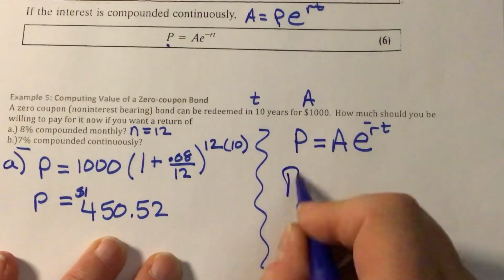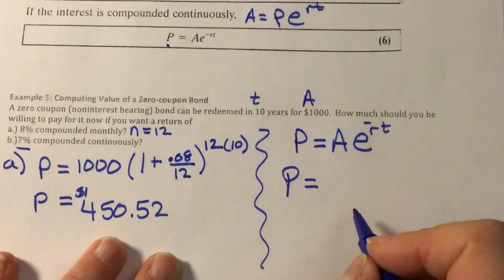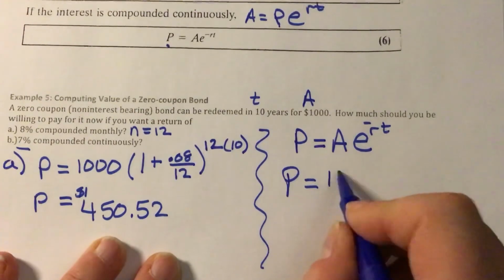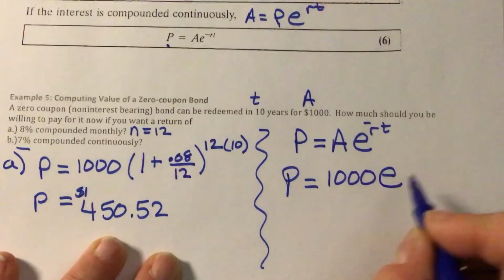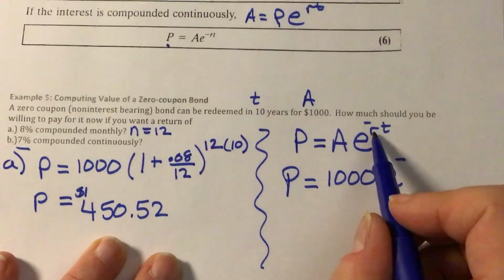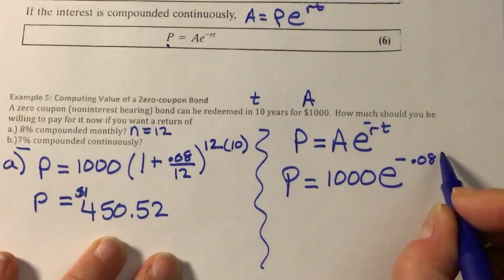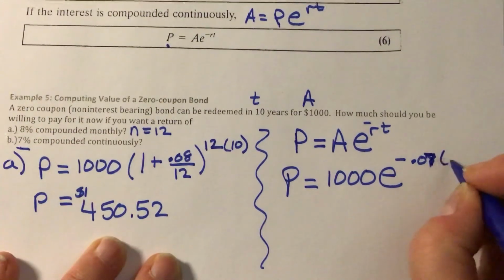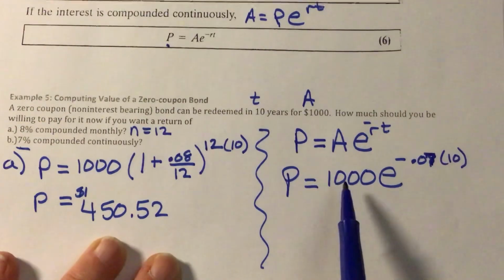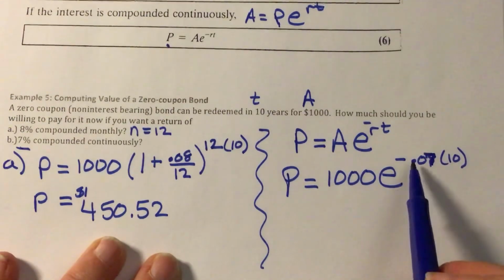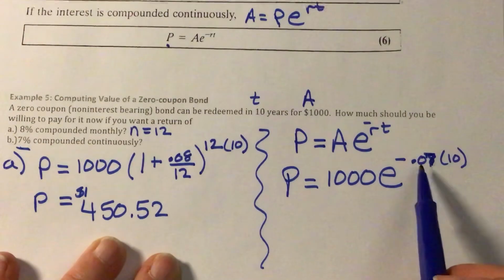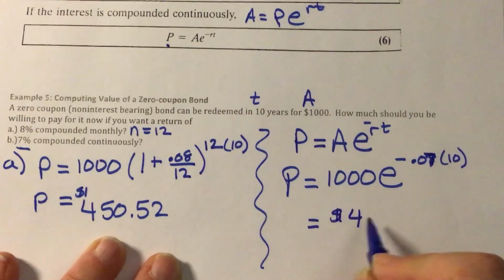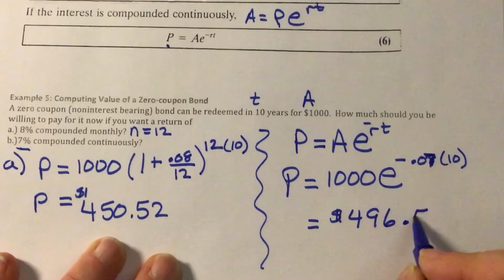So I want to know how much am I going to pay if the amount in 10 years is $1,000, times e to the negative R, which is 0.08. Nope, it's 0.07 in this one, and that's multiplied by 10. So 1,000 times e to the negative 0.7 basically, and on the calculator that would be $496.58.